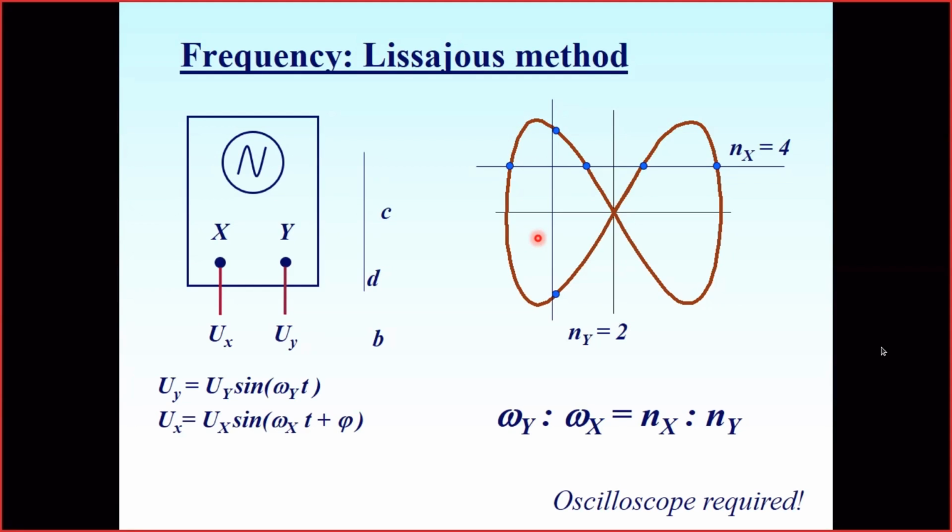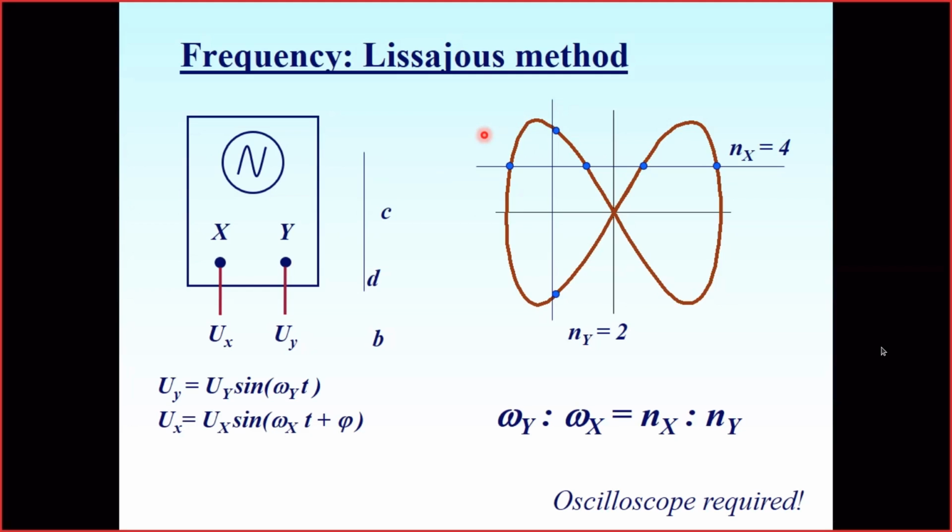We couldn't even understand what we are seeing on the screen. So generally, the Lissajous method is used for harmonic signals, and it's used very often when we need a very accurate frequency measurement, because the accuracy of the Lissajous method is defined by the reference generator accuracy.